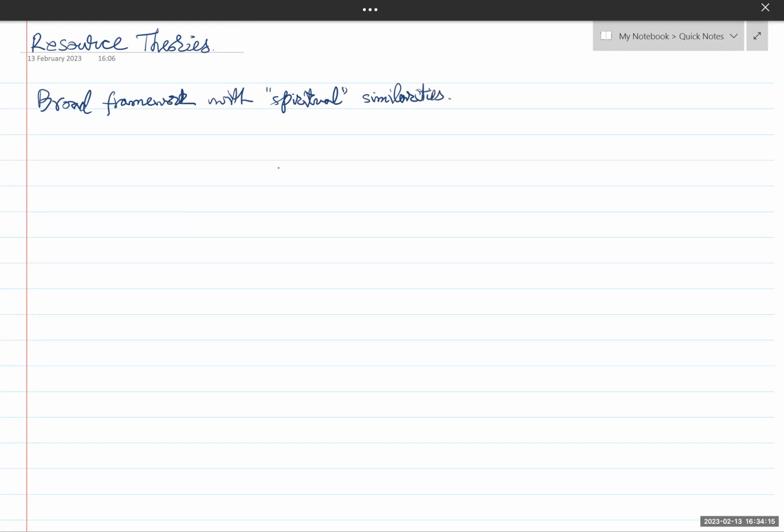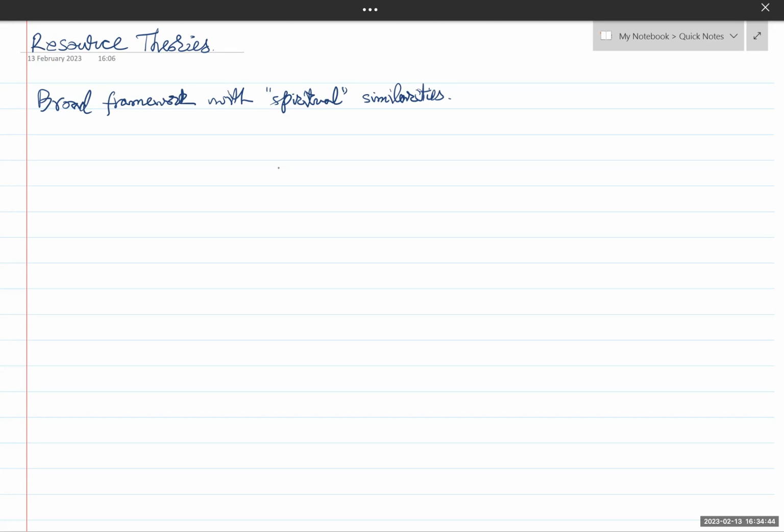That is to say, different resource theories might be technically different from one another. They might not really fit into some really strict definition of similarity, like say categories or something, but they share a lot of features in spirit.